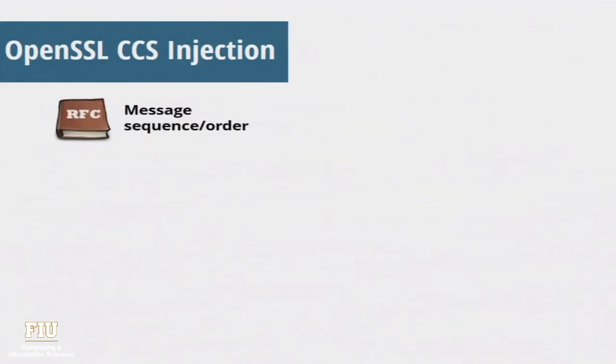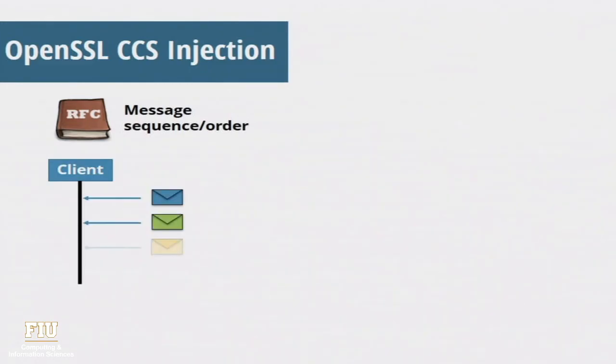The TLS specification defines how the messages need to be exchanged during the handshake phase. So that means, let's say, the client must accept these packets if they are received in this particular order, and this is specified in the specification.